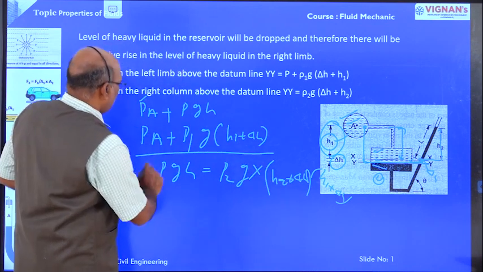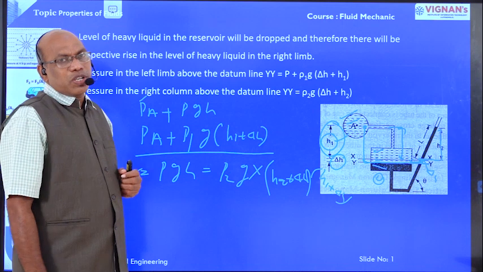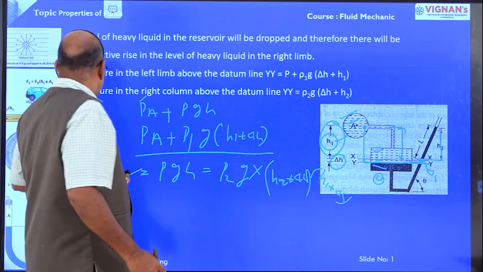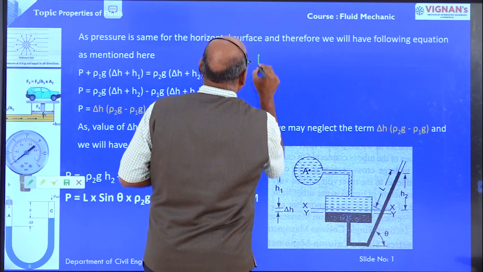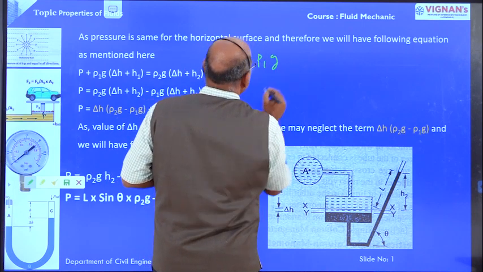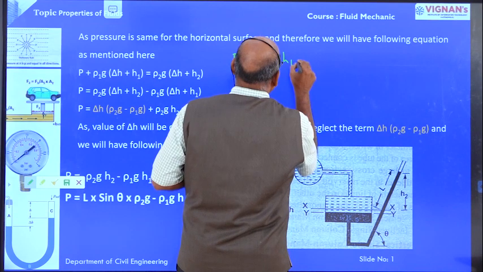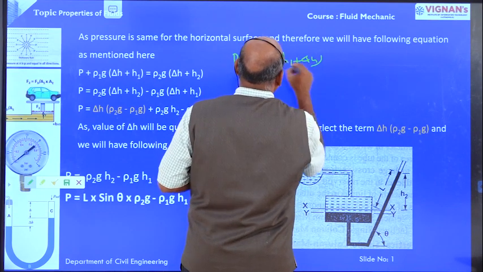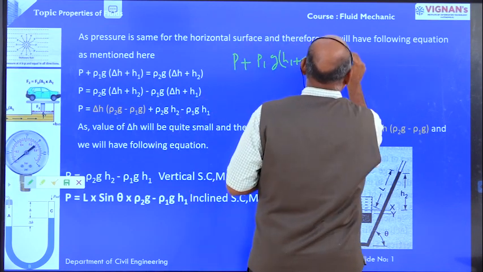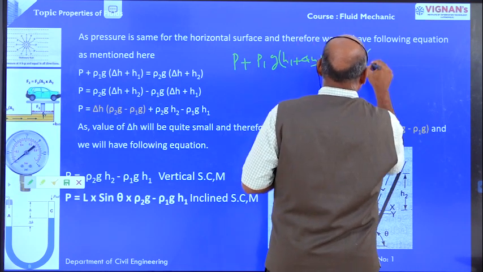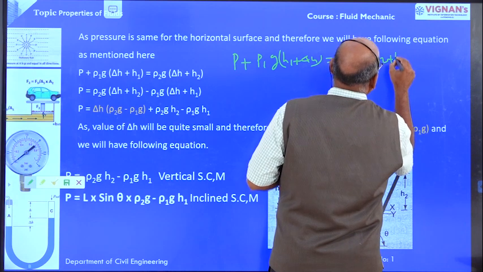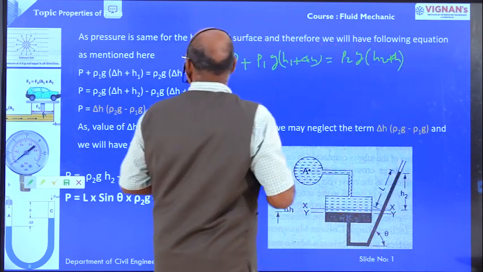Now we are equating the left side pressures to the right side pressures. PA plus rho 1 G (H1 plus delta H) is equal to rho 2 G (H2 plus delta H).